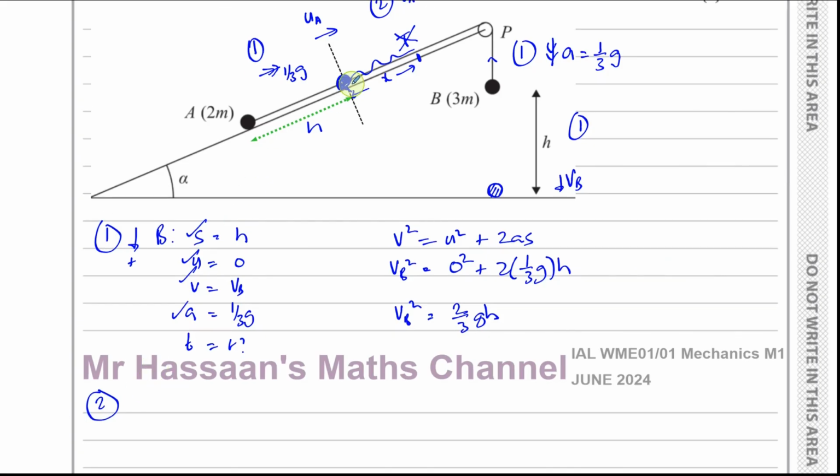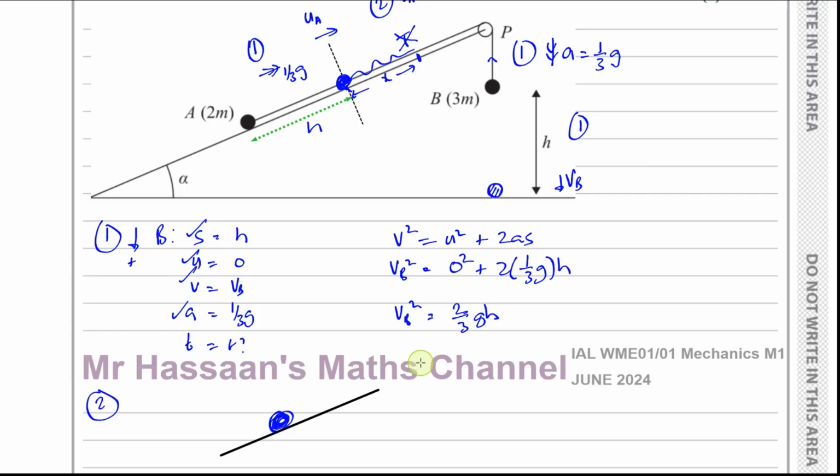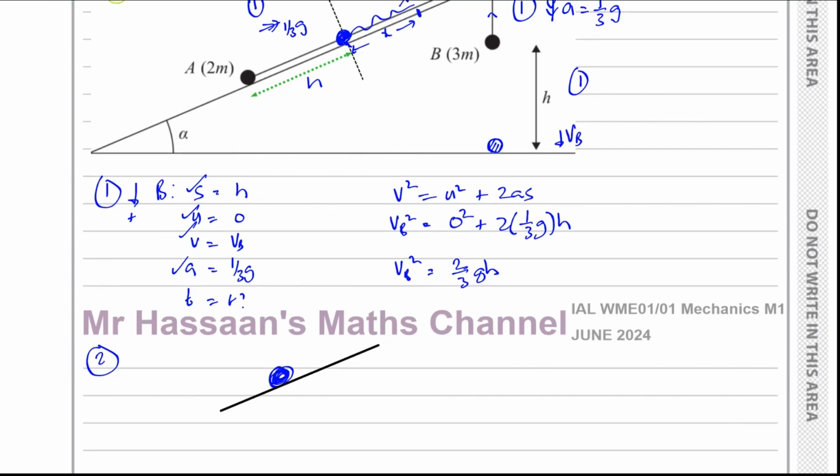We've got to first work out the acceleration of the particle A. So we're considering particle A on an inclined plane, and we have to work out its acceleration. In this case, what are the forces acting on it? Well, you have its weight.